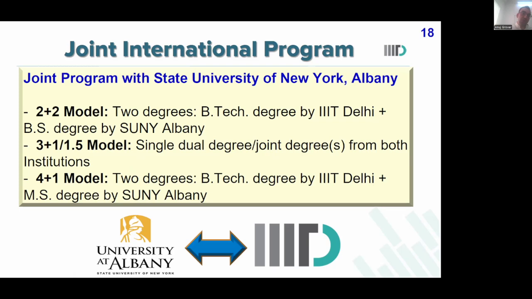They can also opt for a single or dual degree program where they will spend 3 years at IIIT Delhi and 1 or 1.5 years at SUNY Albany to get the master's degree from them. There is also a 4+1 model where they will get a BTech degree from IIIT Delhi, spending the entire 4 years here, and a 1-year master's degree from SUNY Albany. We're also working on similar programs with other universities.